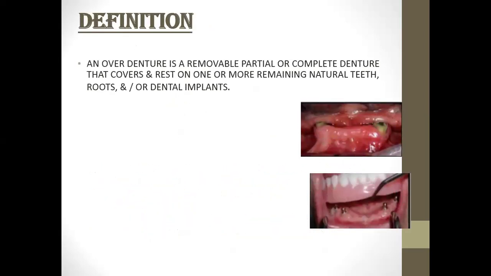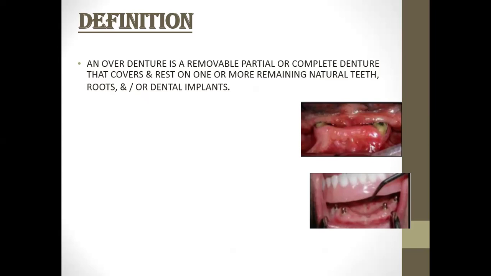By definition, an overdenture is defined as a removable partial or complete denture that covers or rests on one or more remaining natural teeth or the roots of the teeth or on dental implants. As you see in this top image, the lower mandibular arch is shown here, and then you have two retained canine roots on top of which we fabricate a denture.